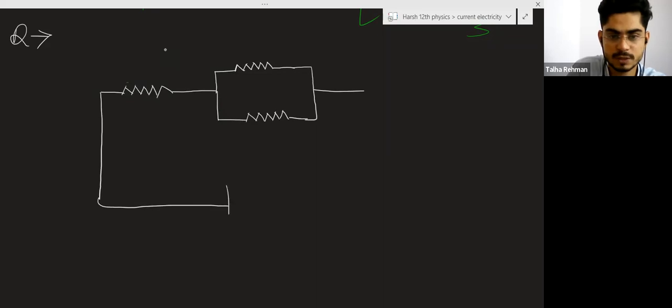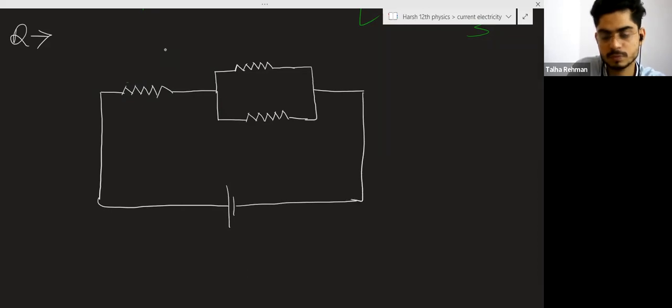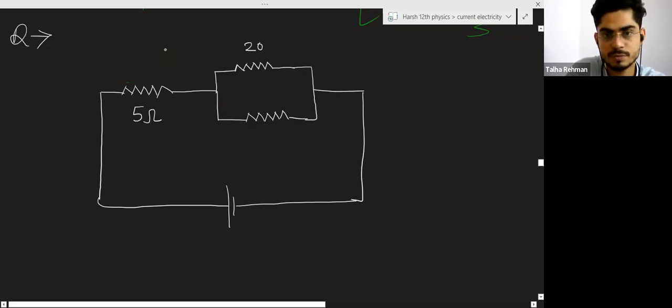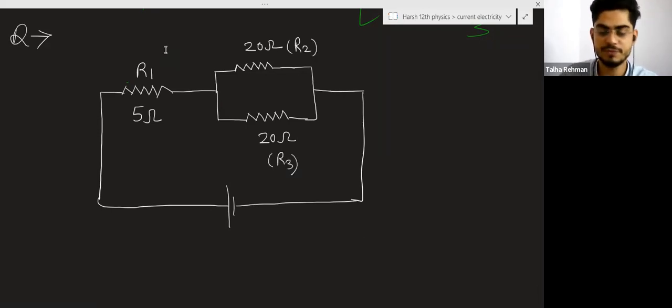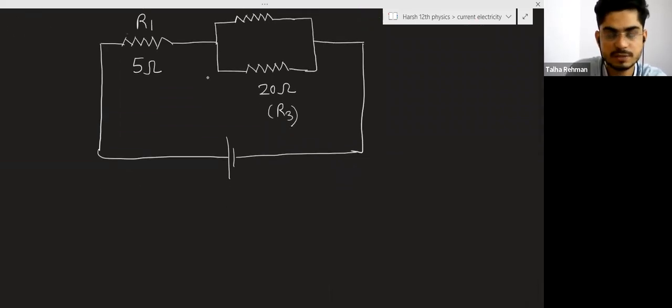This is 5 ohm resistance, and this is 20 ohm. This is 20, and I am considering this as R1, this as R2, this as R3, and we have to find first of all the equivalent resistance.